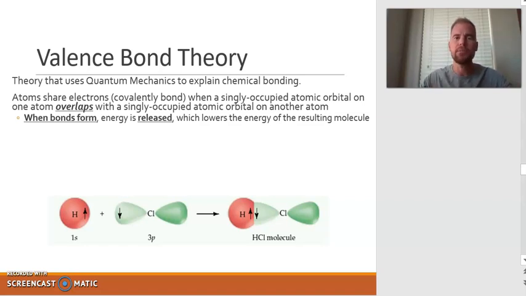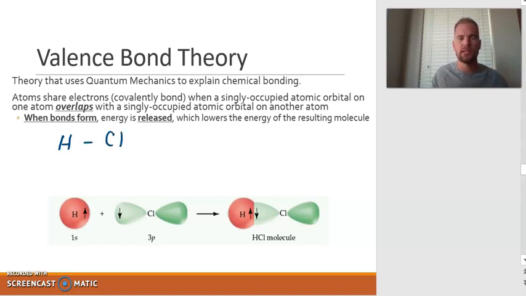So when atoms share electrons, which remember is what's known as a covalent bond, that's going to happen when a singly occupied atomic orbital on the first atom overlaps with a singly occupied atomic orbital on the second atom. As an example, let's consider the bond between a hydrogen and a chlorine.